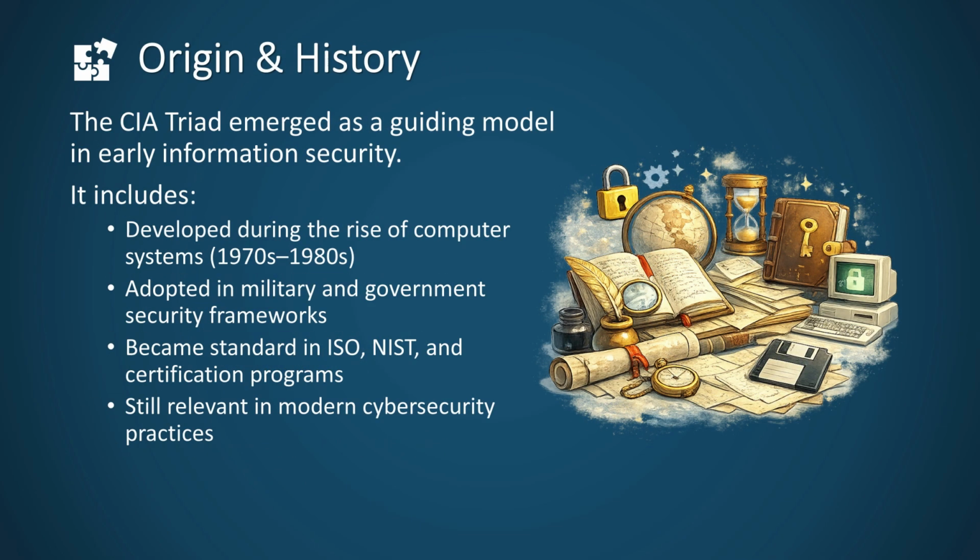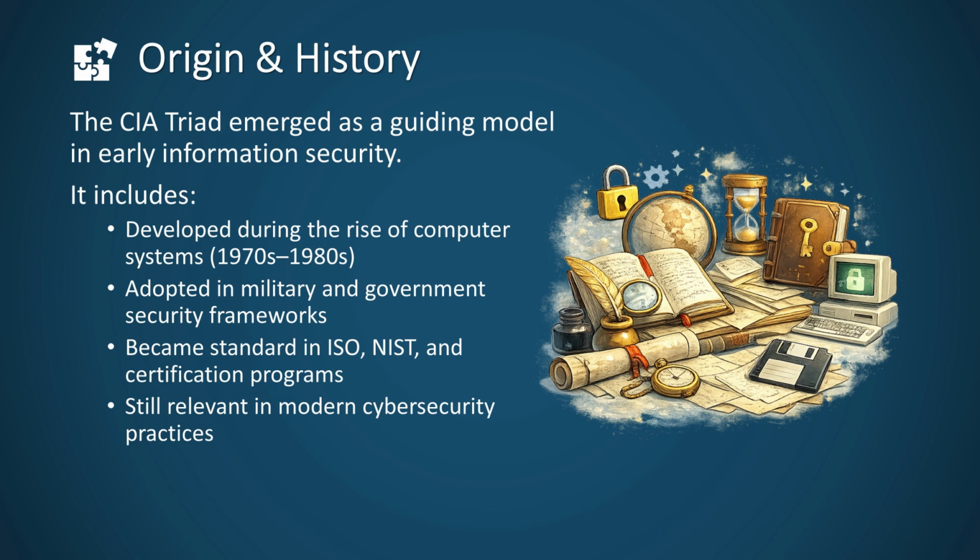Before we jump into the core concepts, let's take a moment to understand the history of the CIA Triad. The CIA Triad has a fascinating origin. It dates back to the 1970s and 1980s when organizations began relying heavily on computer systems. During that time, military and government agencies faced a major challenge: how to protect classified information in digital form.